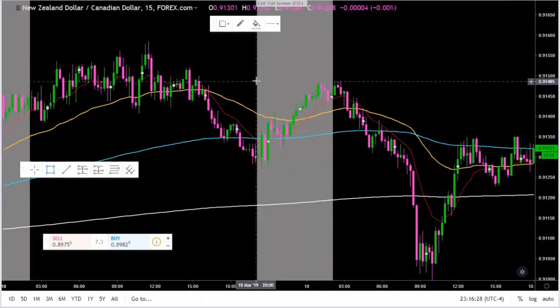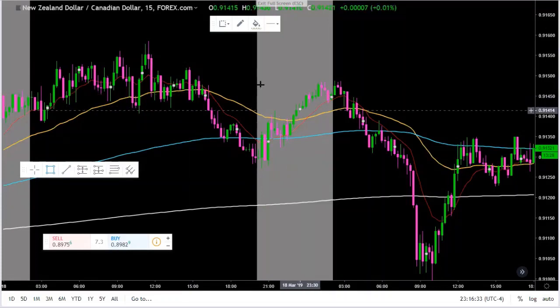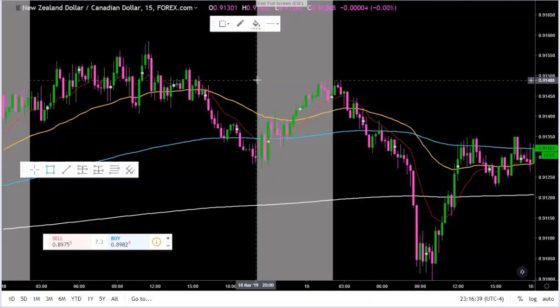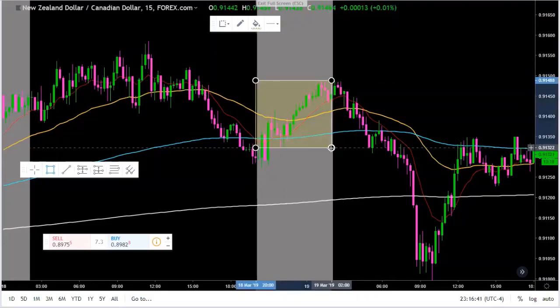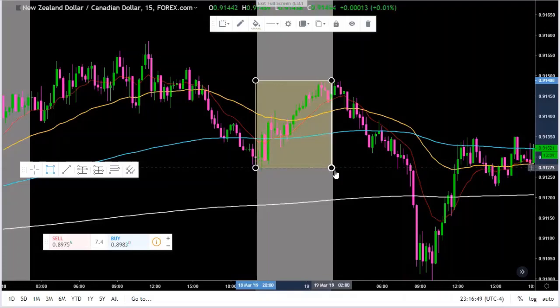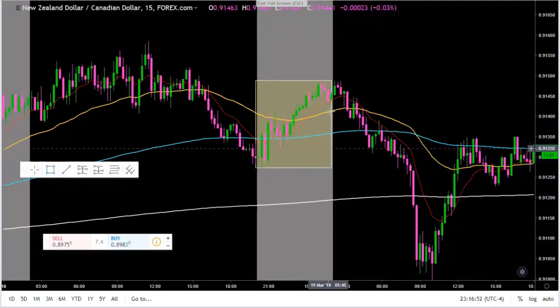So I have this gray area right here. This is actually the Asian range. And what I do is I like to draw a box around the high and the low of the range. So this is the lowest point of the range, and then that is the highest point of the range. So you have a box.